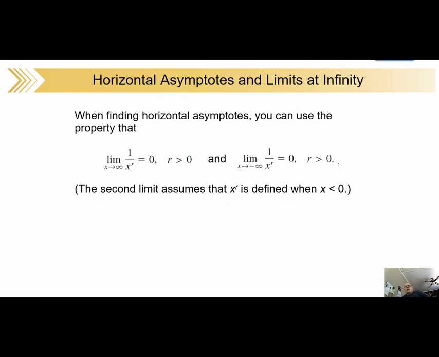Now here's a property to keep in mind. Translated, what this is actually saying is that in this case where x approaches infinity, that means this number, as long as r is positive, is going to get bigger and bigger and bigger, just out of bounds. That means 1 over that is going to be smaller and smaller until it disappears.